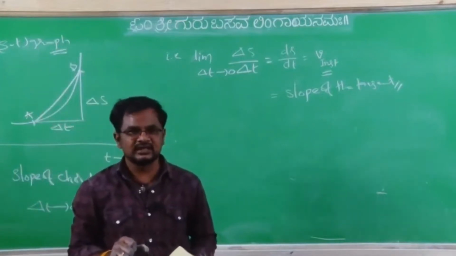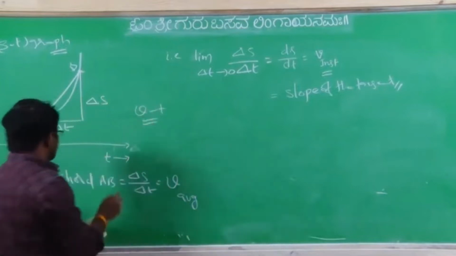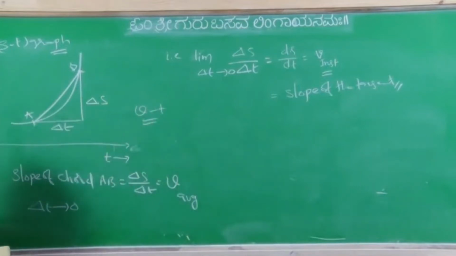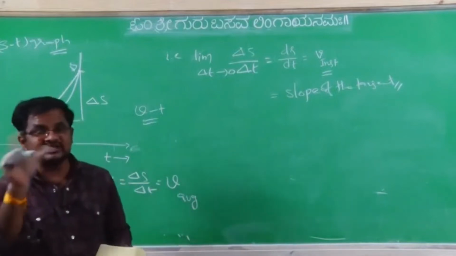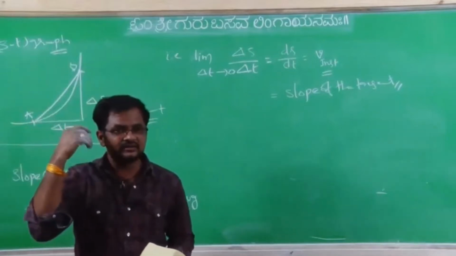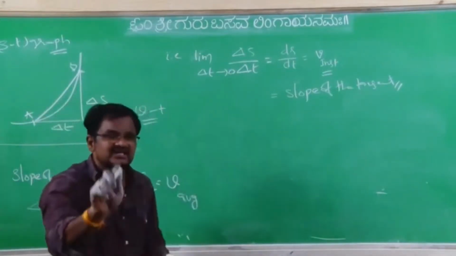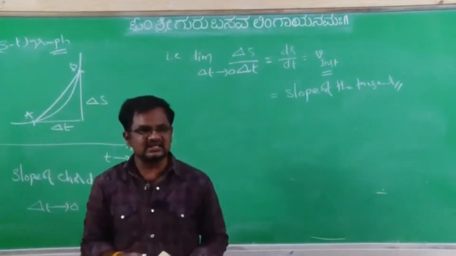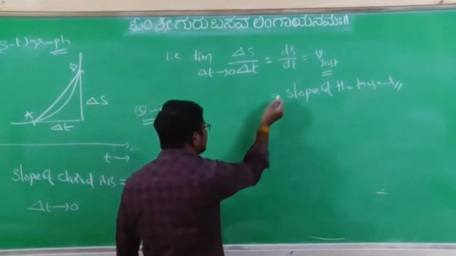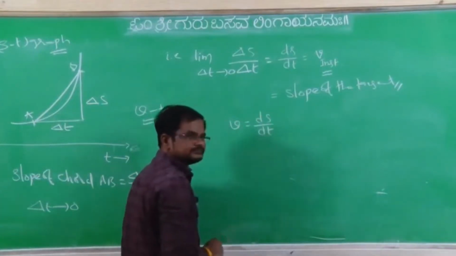Right? Now suppose the same, if you take the v-t graph, with t here and velocity here, what will you get? Slope of the curve is the average acceleration, but the slope of the tangent is the instantaneous acceleration. So how to show that? Here v equals ds by dt.